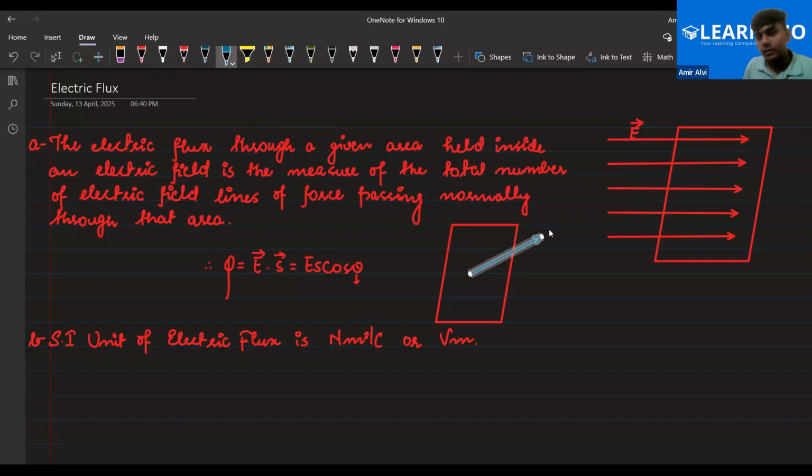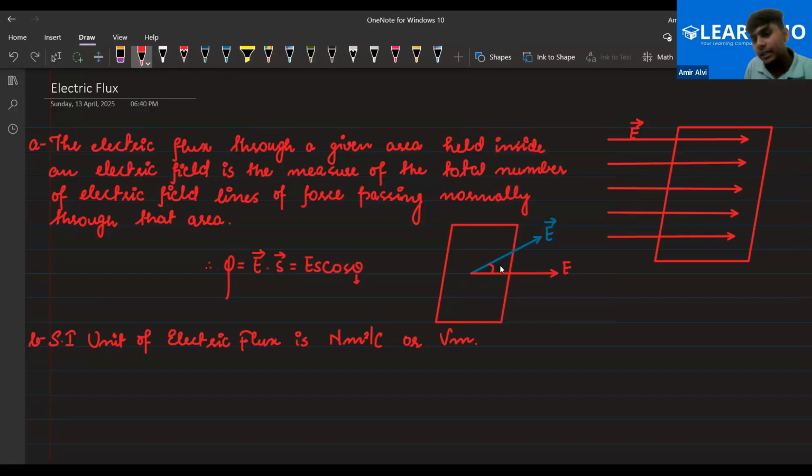So in that case, this would be your E cos theta, because the horizontal component is E cos theta, but this is the angle made with the area.